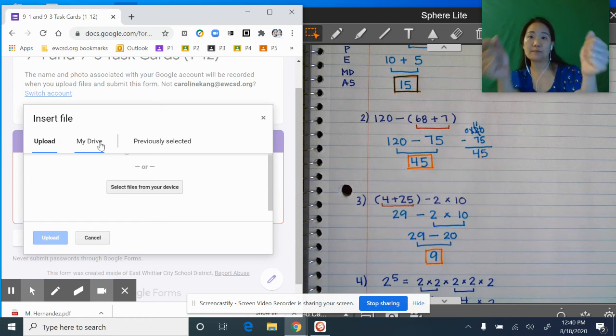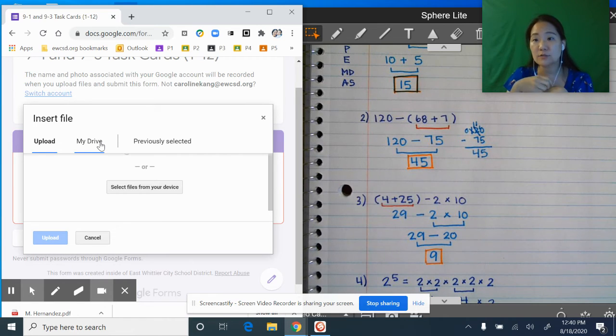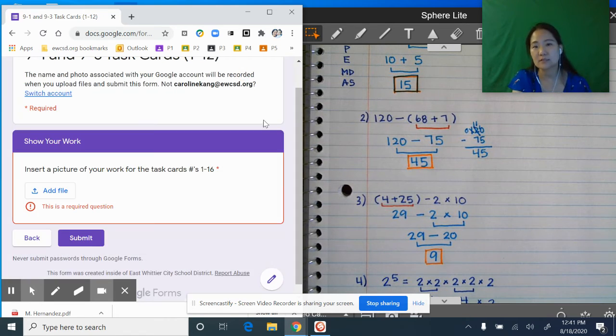You can use the camera to take a picture and then send that picture to your drive so you can select that, because I don't think Chromebook allows you to download pictures to your Chromebook. So I am not sure if you can upload it from your Chromebook. Of course, if you're not using the Chromebook, you're using a different device, that may be a different story. Okay, so you do need to insert picture of your work.